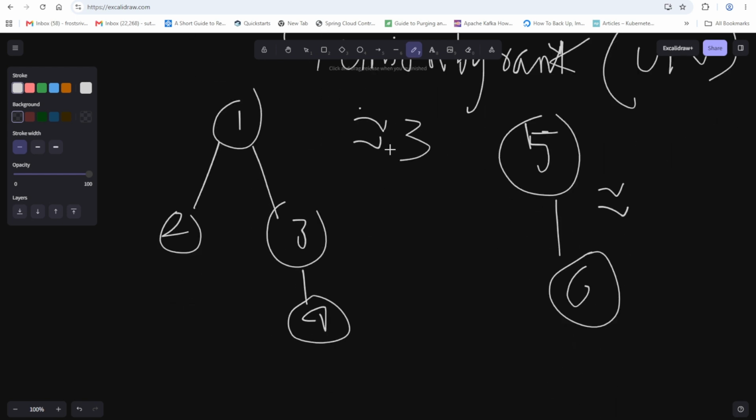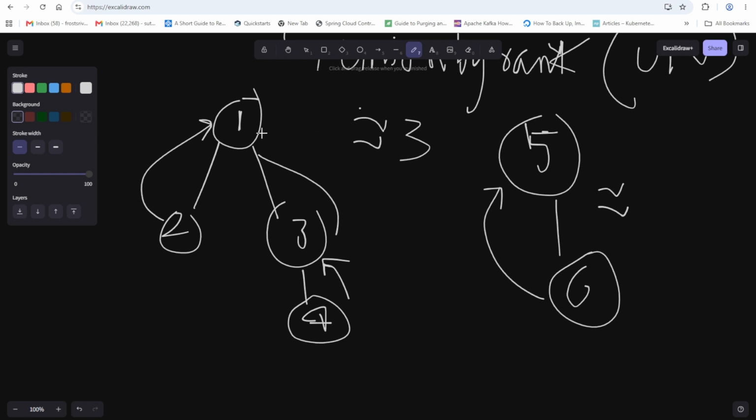And rank is always calculated from the ultimate parent. So we can see that this is the ultimate parent or the leader, because for 4 this is the parent, and for 3 this is the parent. So ultimately for 4, 1 will be the ultimate parent, and similarly for 2 also 1 will be the ultimate parent, right? And for 5 the parent itself is the ultimate parent. So rank is always correlated with the ultimate parent.